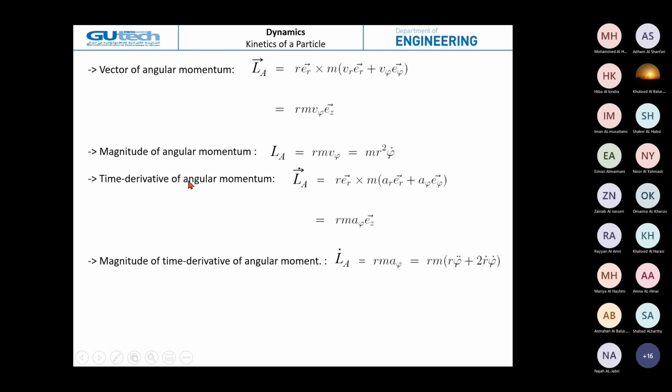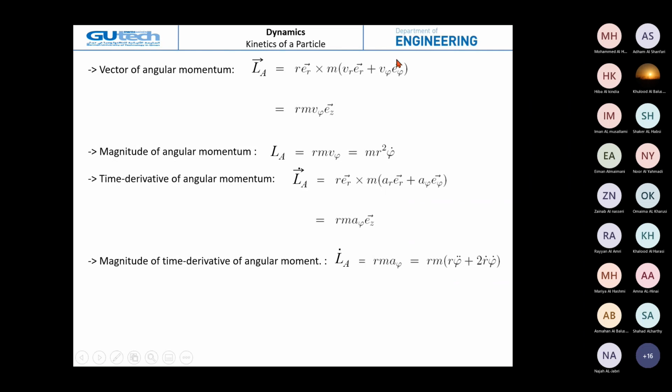Now, if we take this time derivative, that means we have to take the time derivative of this term here. Now, what we have is e_r cross m, the acceleration.